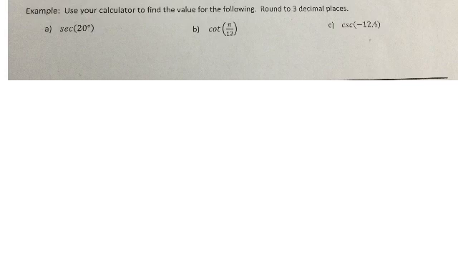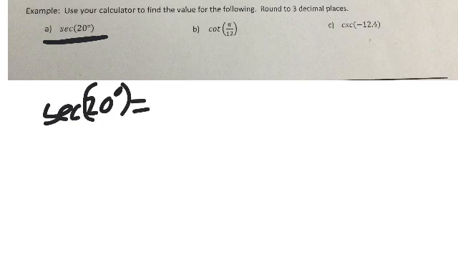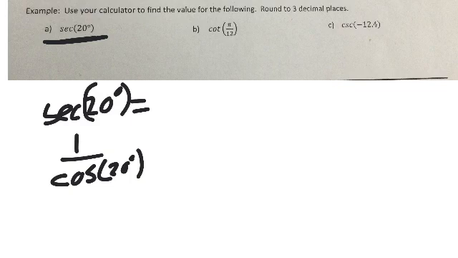So we can't just put in secant because we don't have a secant. So we have to use our properties that we know about these. So we know secant is the reciprocal of cosine. So what we can do is we can say secant of 20 degrees is the same thing as 1 over cosine of 20 degrees. Just the reciprocal.